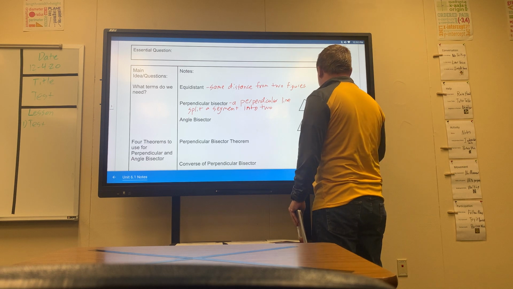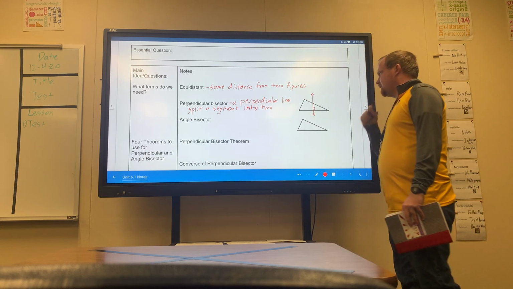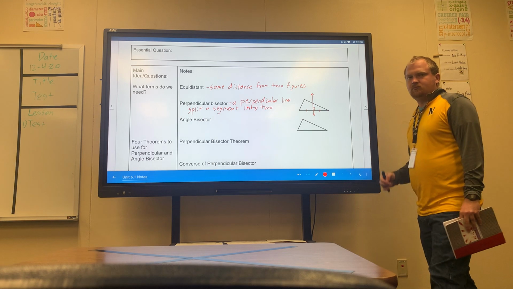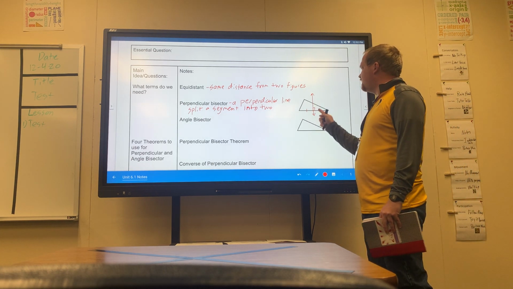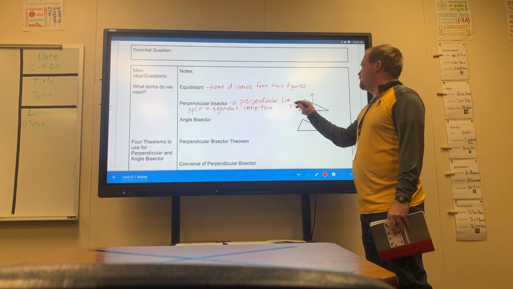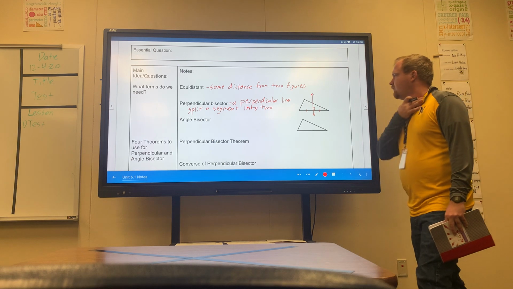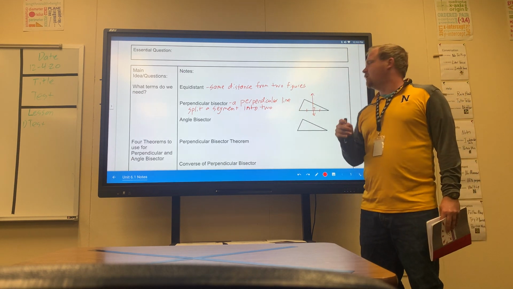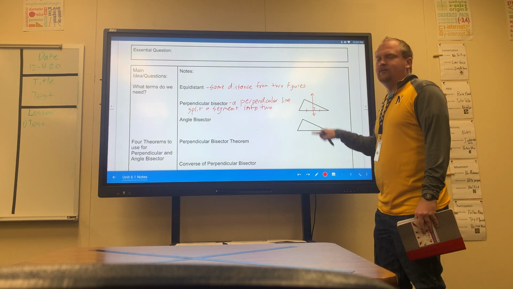So this is one example right here. If I have a perpendicular line right here, I'm going to have this segment congruent to each other, or at least split evenly, right? This is the definition of perpendicular bisector. That's basically what it looks like. If I have a perpendicular line through a segment, I have two congruent parts for that segment.